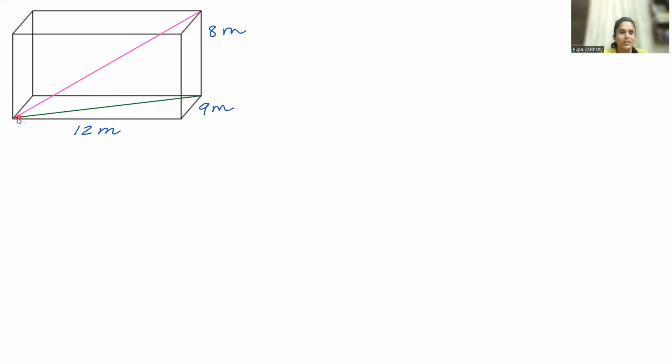Now you can see that this is one triangle, which I am spotlighting. This triangle has this pink side, this black side and the green side. Do you see this triangle? Once we have this triangle, we can find out this longest side, which is in pink.